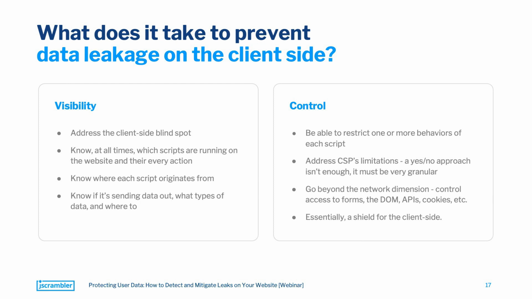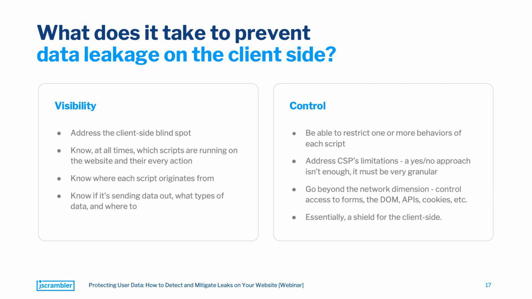For instance, if a chat script suddenly starts tampering with one of our payment forms, we need to be alerted immediately about this suspicious behavior. It's also important that we know where each script originates from, so we can effectively block the attack.